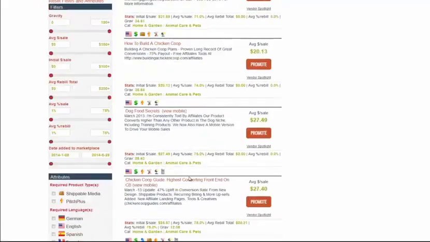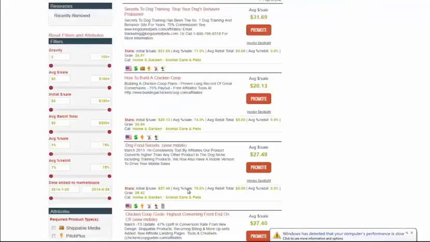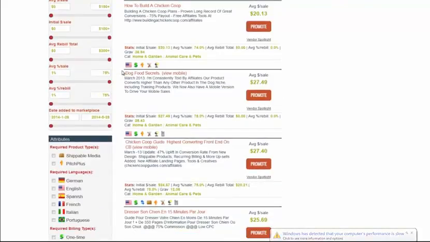I'm sorry to go off on another tangent, but there's an example right there of what might be good to build a sniper site around. Getting a little bit deeper into a niche that not that many people are exploiting. For example, you've got dog training, which is a very general niche. Why not build your sniper site exclusively about dog food, and what dogs need to eat, because it's a smaller market.